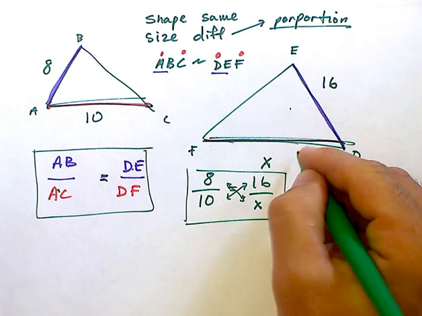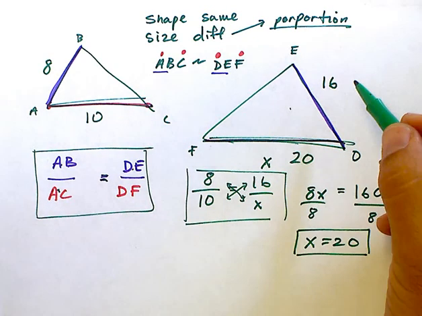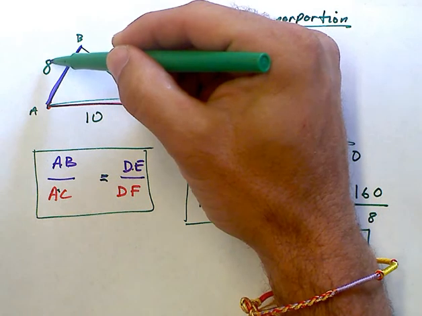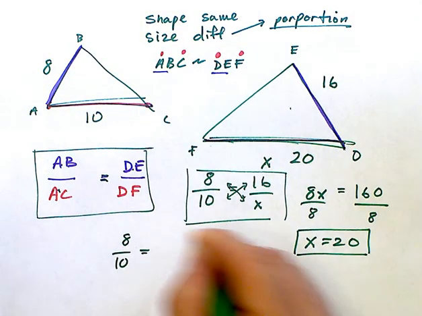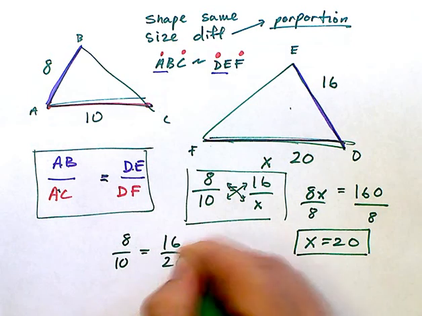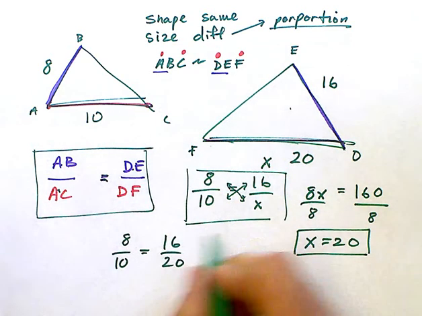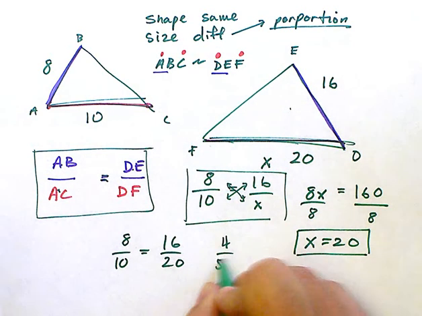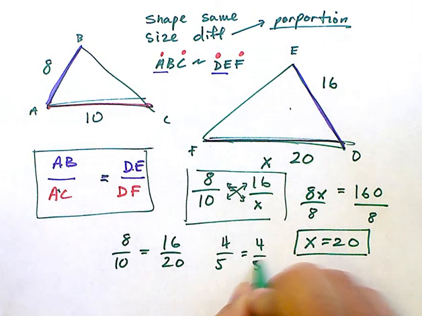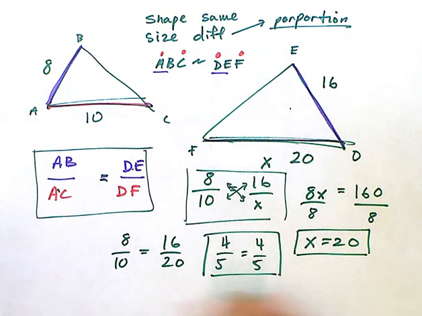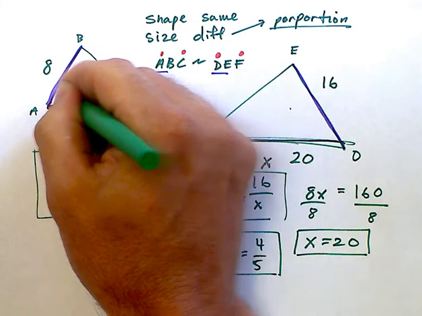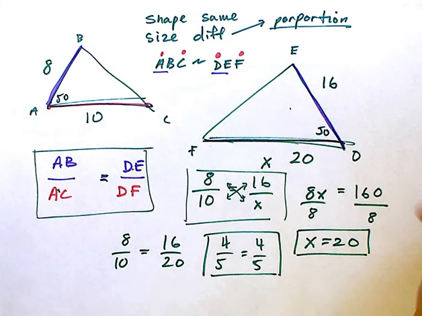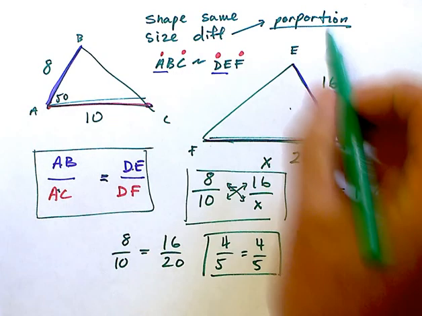I mean, think about it. 8 over 10 is equal to 16 over 20. If I reduce both these fractions, it would be 4 over 5 and 4 over 5. So the ratio is the same. Remember, angles would be the same. So if this angle A was 50, this angle D was 50, but the sides will be a proportion.